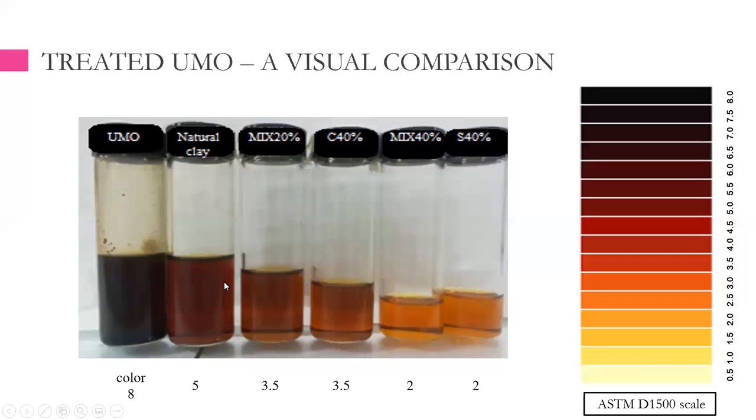Just using the natural clay, color changed from 8 to 5. This is related to the removal of contaminants. But the most effective processes were the ones that we performed using the sulfuric acid activated clays and the mixture of sulfuric and acetic acids for the activation. In this case, color went from 8 to 2 in the ASTM scale.